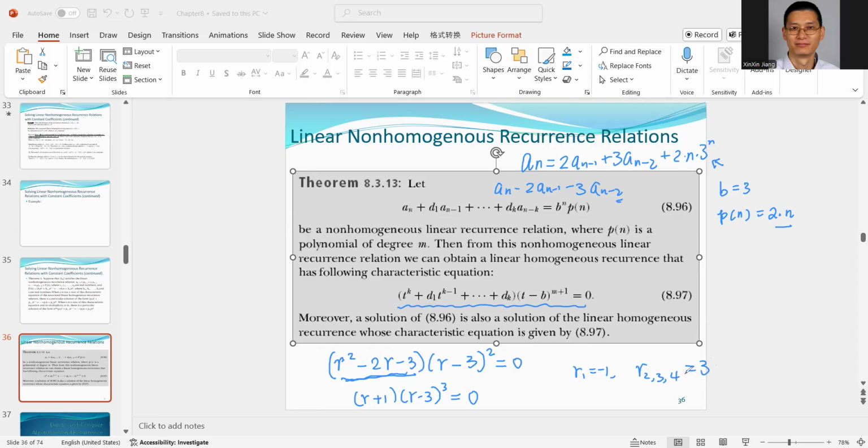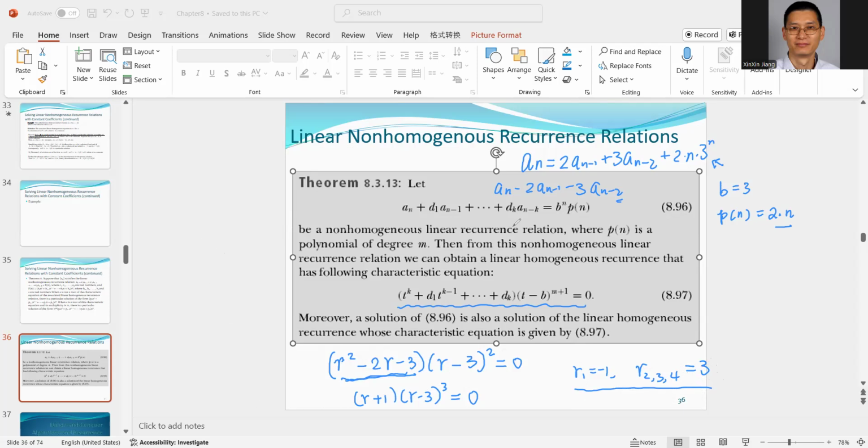And then we can follow the theorem. Once you have the roots like that, you can write down the general solution.